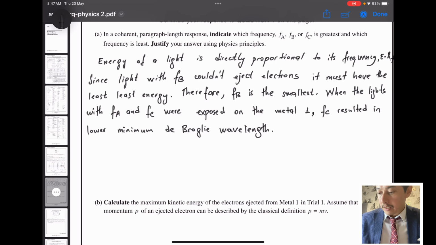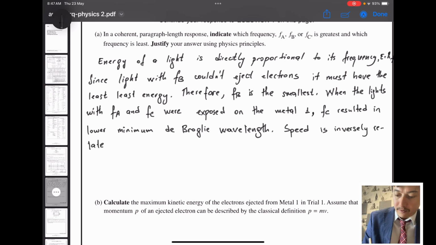Now, speed is inversely related to the de Broglie wavelength. Let's shorten it.